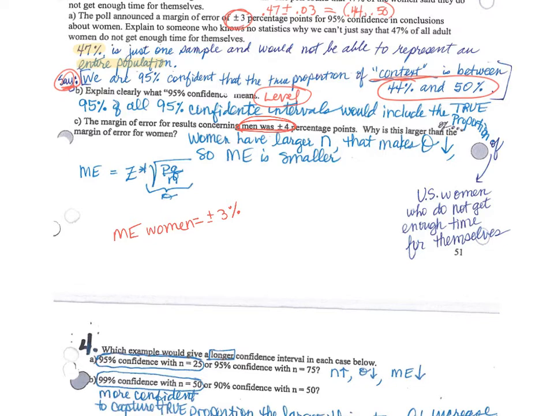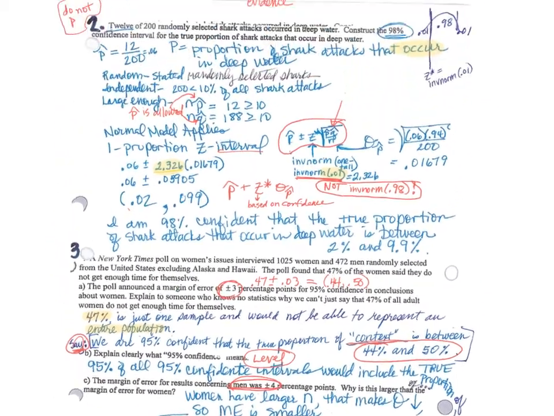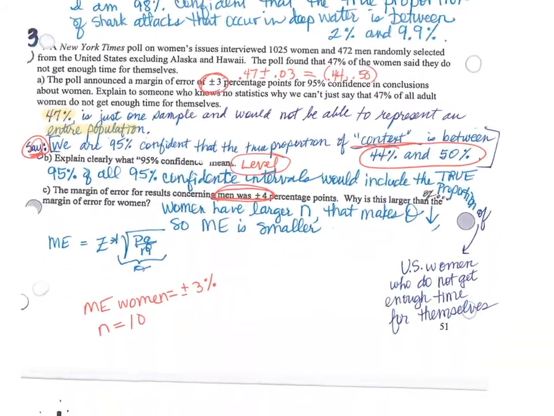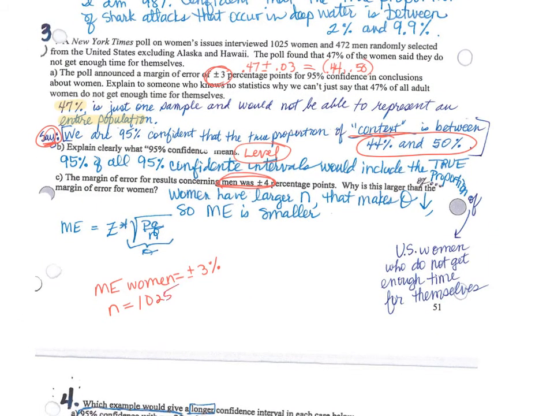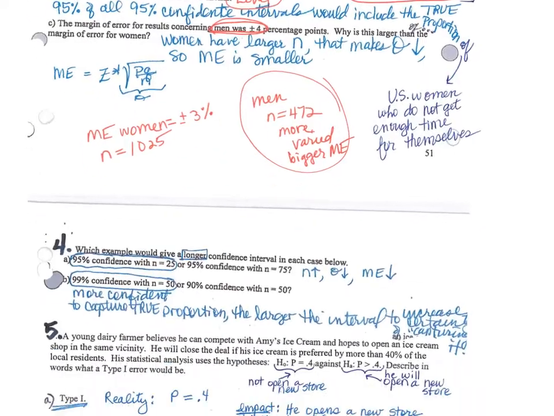If you looked up in there, women's sample size was like 1,025, and the men's sample size was just 472. So men were more varied, and therefore they had a bigger margin of error. Okay, moving on.